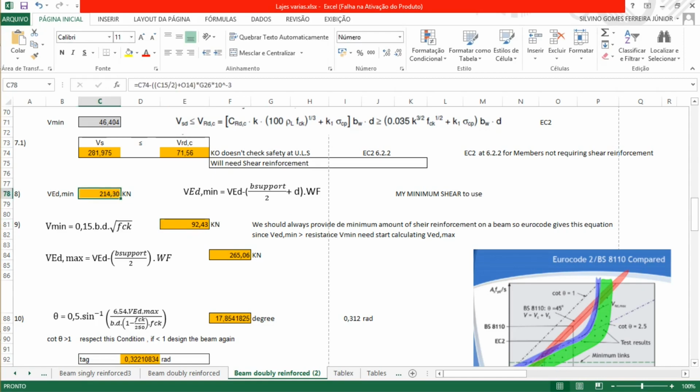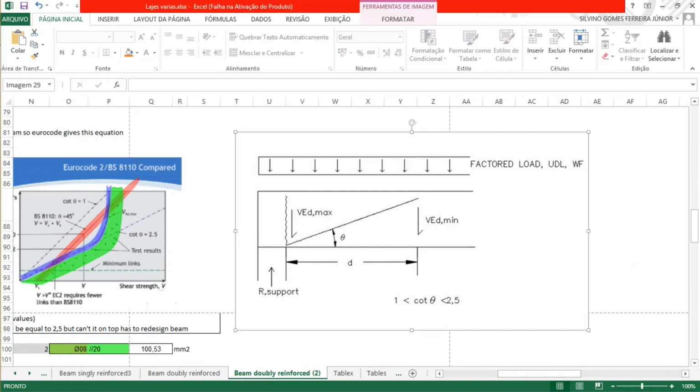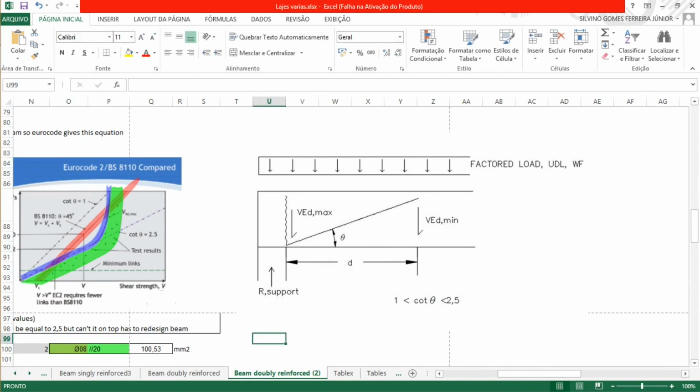we can start calculating the VED maximum that goes to the support, and it's basically what I told you, it's the shear less half of the distance from the support multiplied by the factored load. So this distance from here, half on this side to the face of the support, multiplied by this factored load.